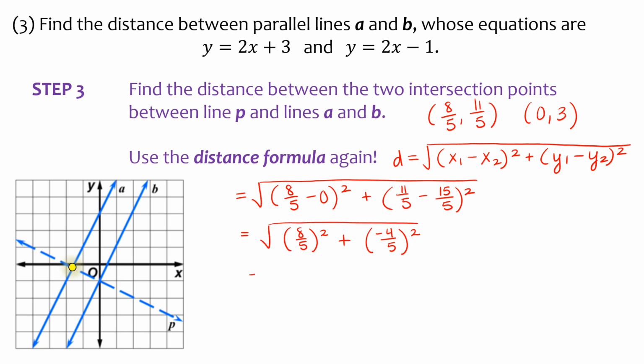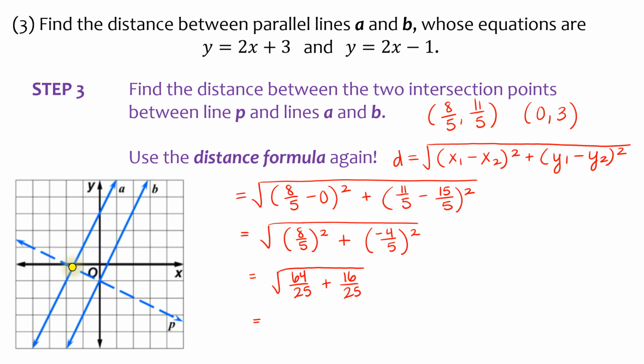Now when we square fractions, remember we square the numerator and the denominator, so what we really have is 64 25ths plus 16 25ths. Okay, so we can add these fractions. Remember, the square root serves as a grouping symbol, so we have to simplify everything underneath it before we can actually take the square root of these numbers.